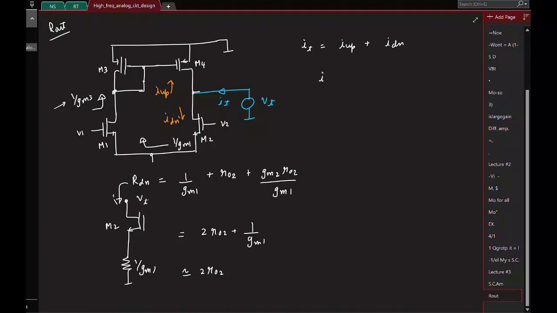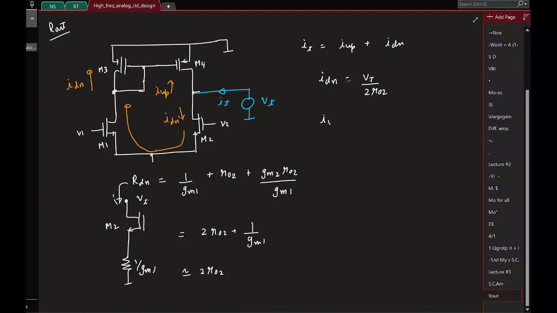So what is I down? VT by this impedance looking down, so it's VT by 2 R02. Okay, so let me remove these guys now. So now this current I down obviously cannot flow into the source, so it will take this path. The same current I down flows into M3, so obviously it will also get mirrored onto M4.